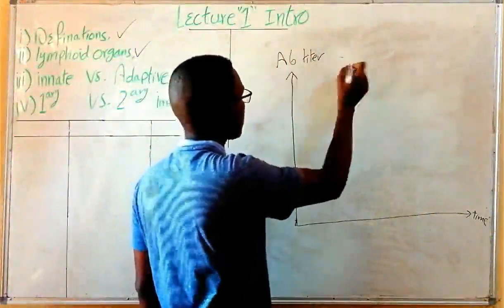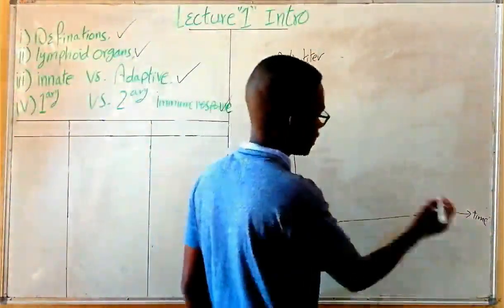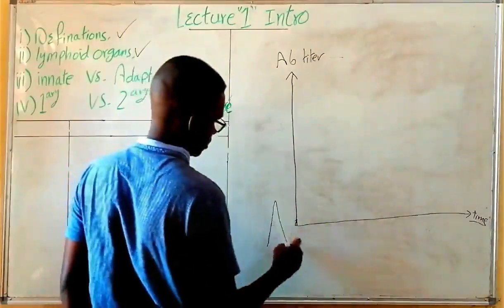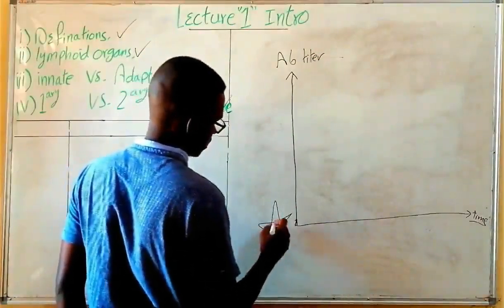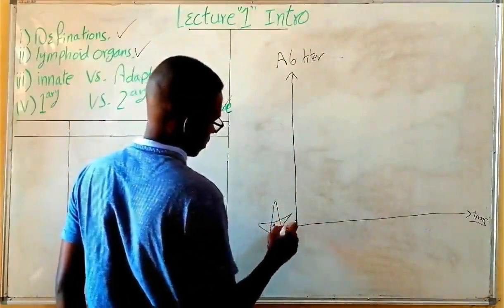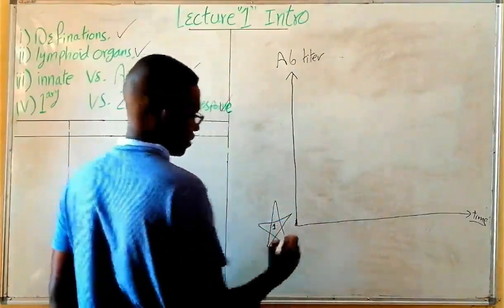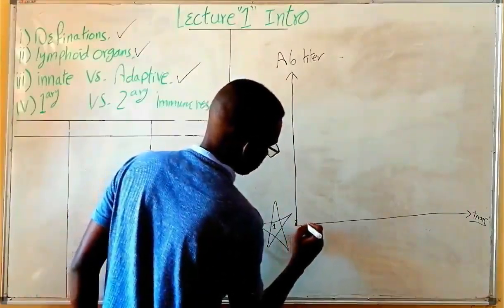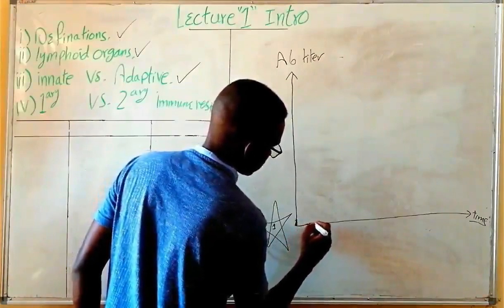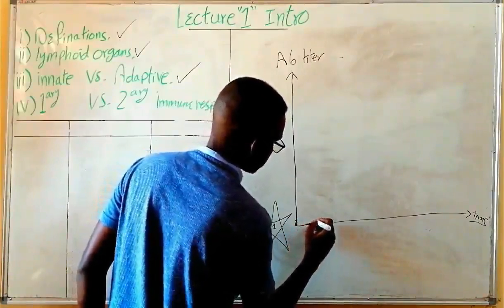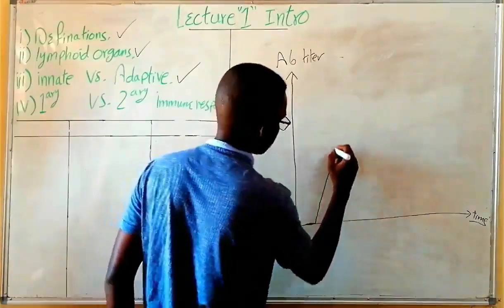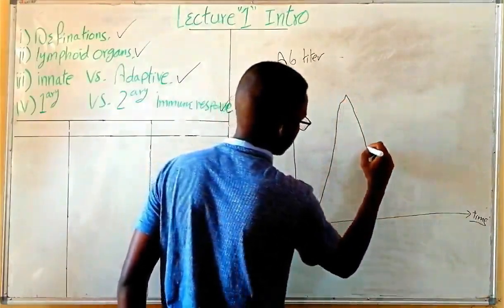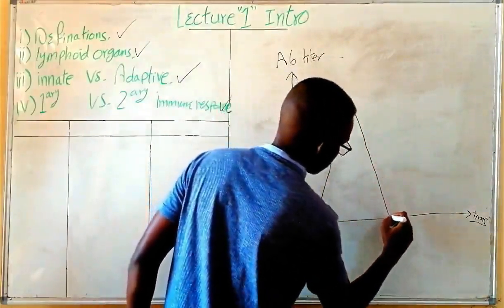Alright, we have antibody titer or antibody concentration, and we have time right here. So if there is a specific pathogen, let's say it's the first time when it enters the body, first of all, the innate system responds, and it takes a while before the adaptive system starts to respond. After that, the adaptive immune system responds by producing antibodies for a while, then the antibody level starts to drop.